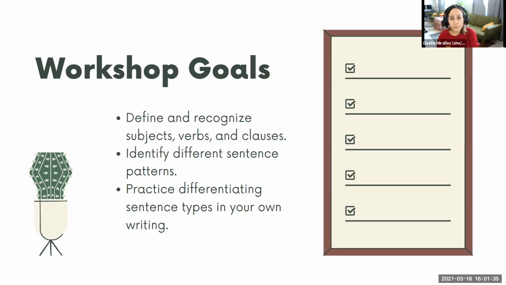So if you're currently writing an essay, this would be a good practice session for you. If you've already written an essay or you don't have an essay that you're currently writing, you can draw from previous essays for this activity. So more on that once we get there.